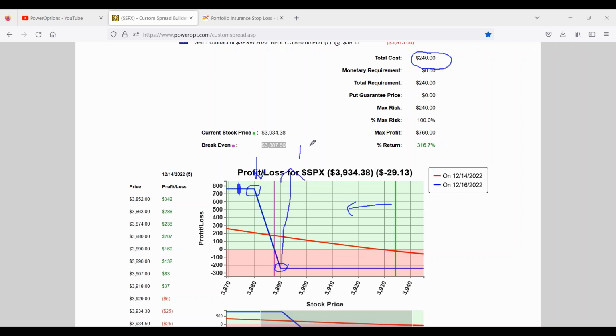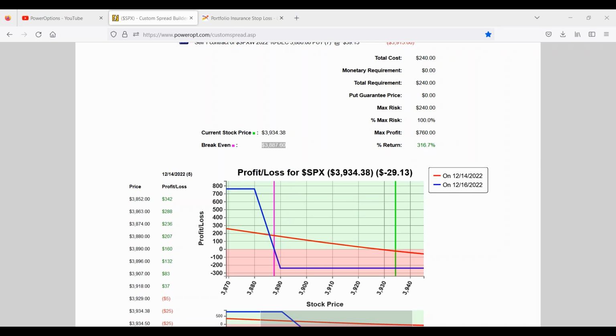So that means you'd get $10 back. I'm sorry, you're buying at $38.80 and forcing someone to buy at $38.90. So you get $10. Minus the debit, that would be the $760 profit or the 316% return.